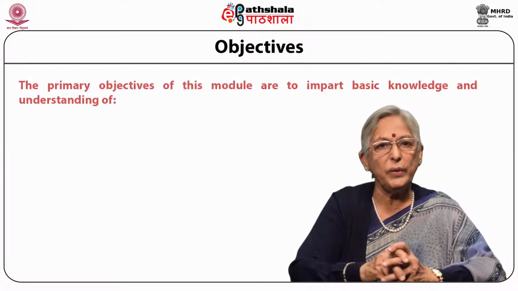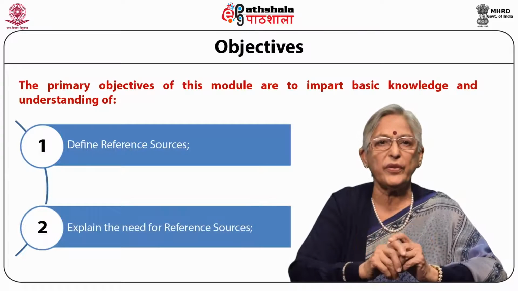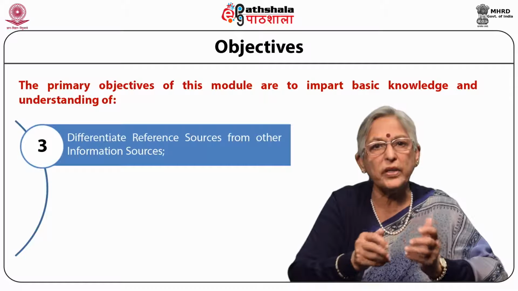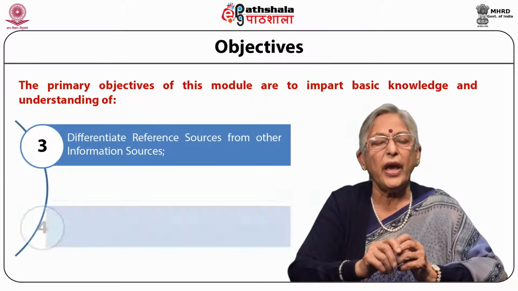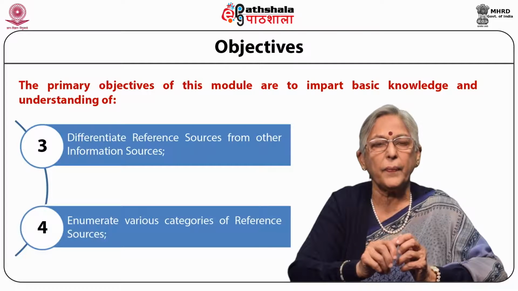After this module, you will be able to define reference sources, explain the need for reference sources, differentiate reference sources from other information sources, and enumerate various categories of reference sources.